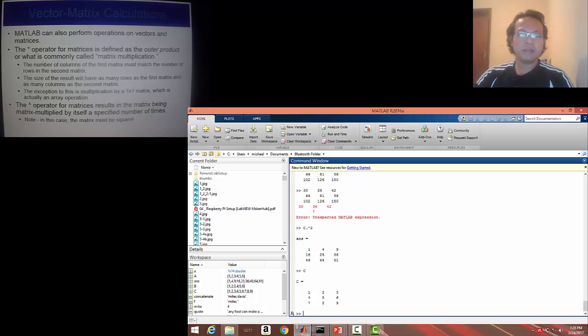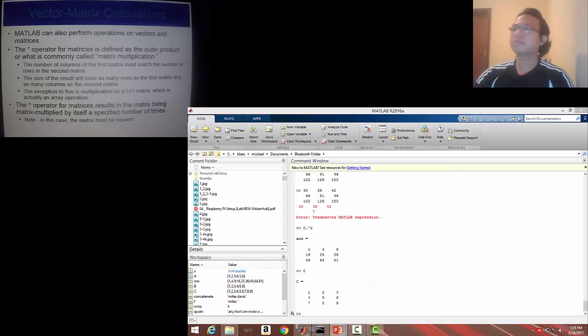So this is squaring of each element inside the matrix. So remember that dot sign. It's quite different if you remove it, because C squared without the dot is matrix multiplication by itself, while this one is element by element.